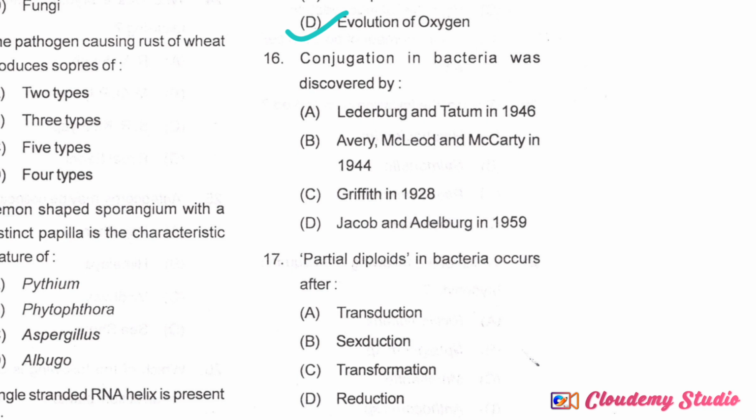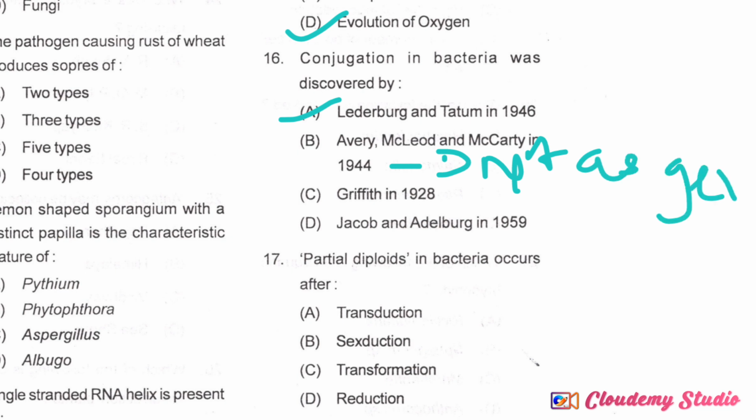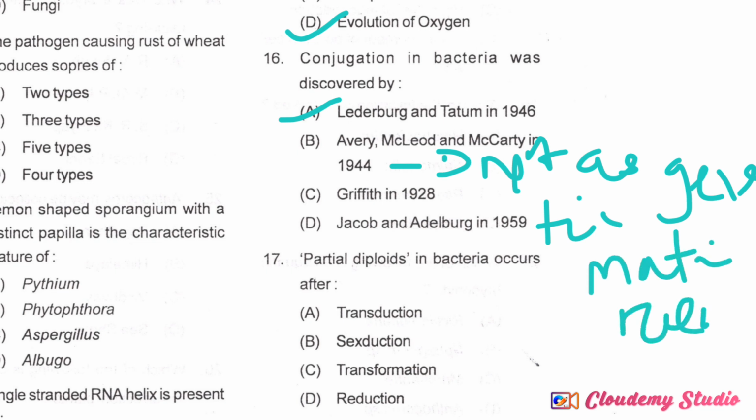Question number 16, conjugation in bacteria was discovered by. Bacterial conjugation was discovered by Lederberg and Tatum in 1946, option number A. Avery and McCarty in 1944 discovered DNA as the genetic material.